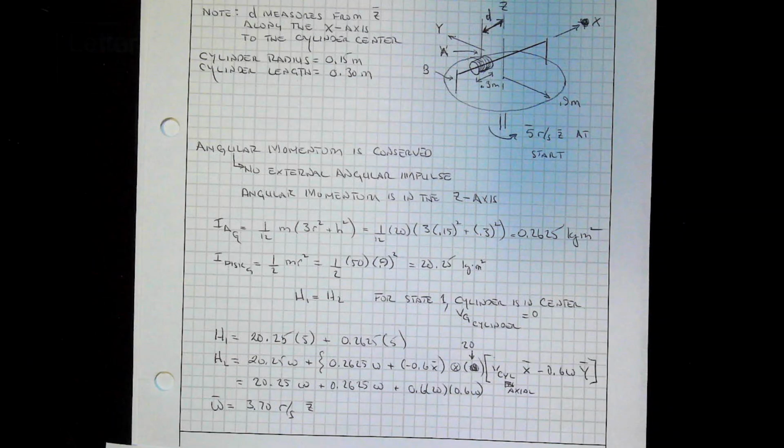We're treating everything other than this cylinder and this disk as massless. So kinetic energy would be 1/2 I omega squared relative to the center of mass. I'll just note that for the disk, the mass moment of inertia is 20.25. So initial kinetic energy is 1/2 I omega. We were told at first it's going at 5 radians per second.